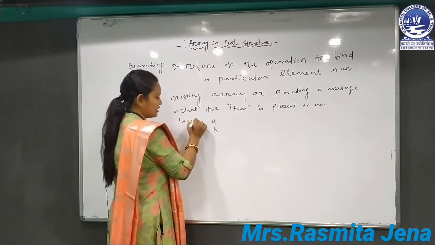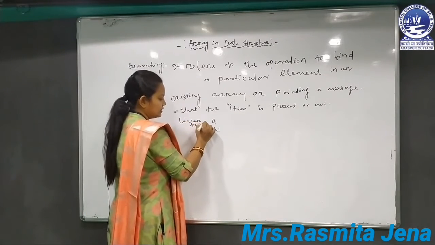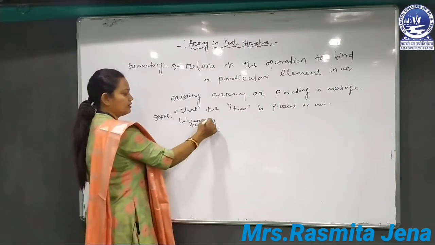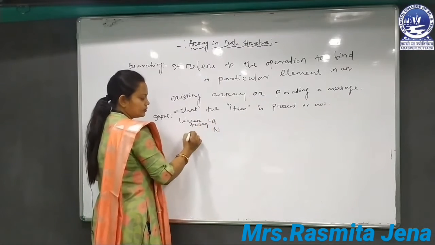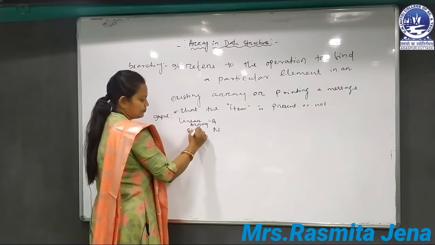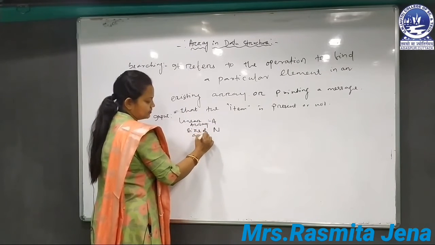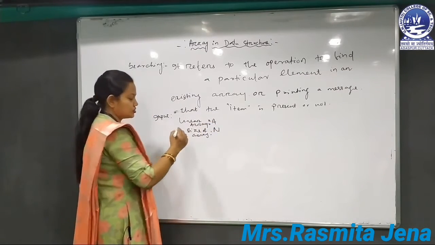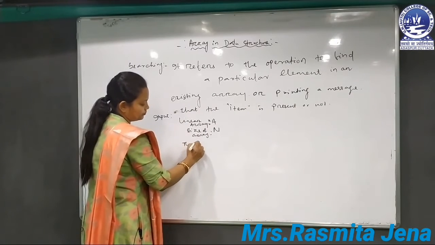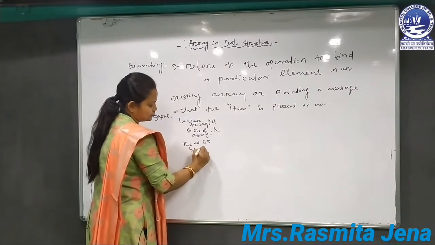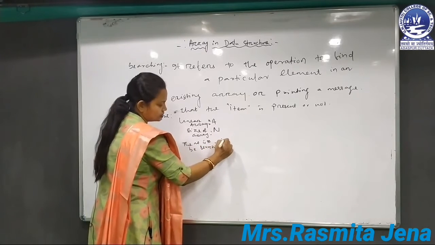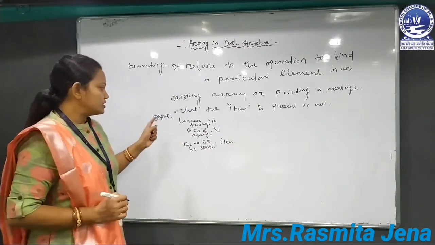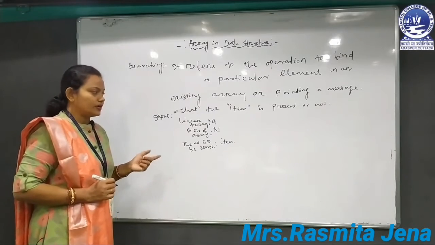These are the inputs for searching a particular element: the linear array, the size of the array, and then the number to be searched, suppose represented as the variable item. So these are the inputs we need to search a particular element.